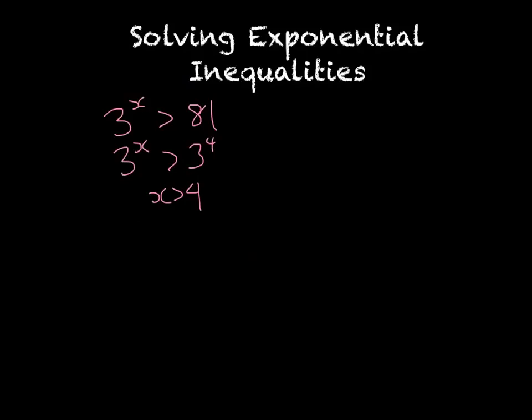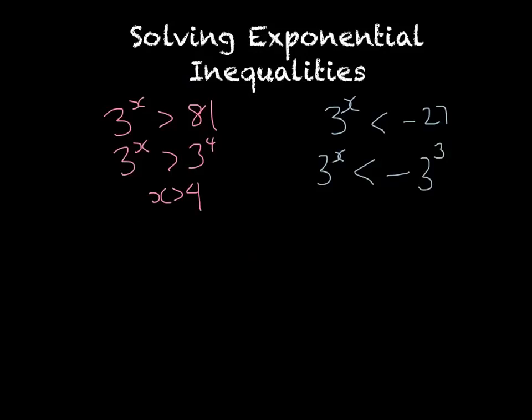But now here we have to be very careful. What if we had something like 3 to the x is less than negative 27? Well, what we can do here is replace 27 with 3 to the third, as we've been trained to do.